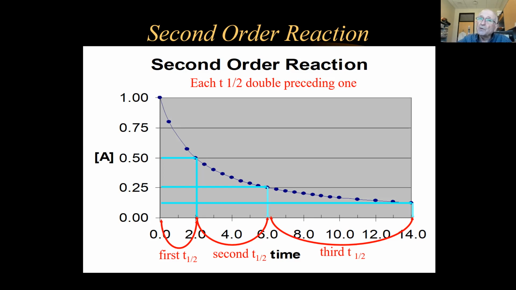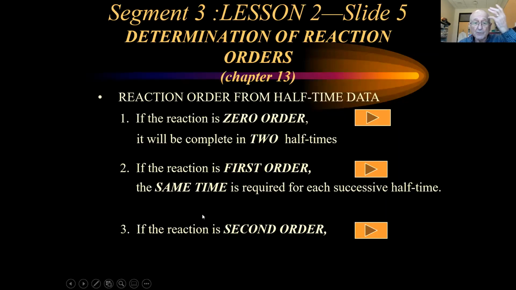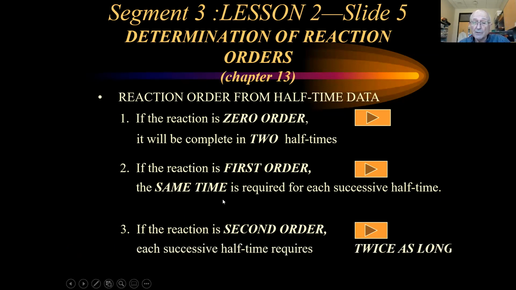But if it's nearly twice as much, that's second order. And zero order, of course, would be over at that time. So you can look at half-times and make a pretty good judgment from your original data what the order is. And then you can make the plot that you want to make to confirm that it is either zero or first or second.